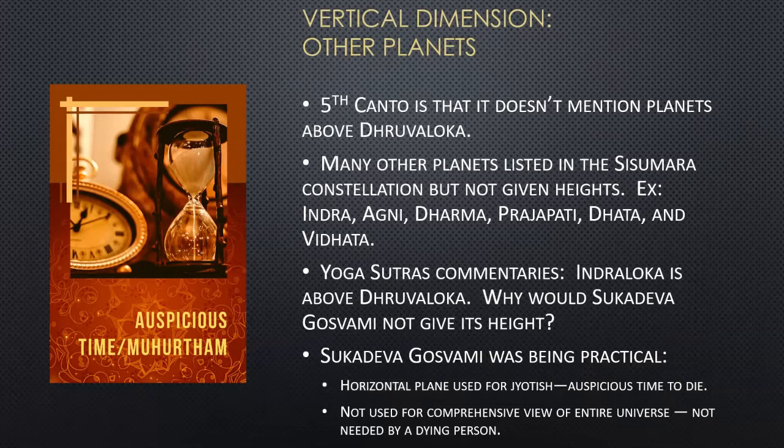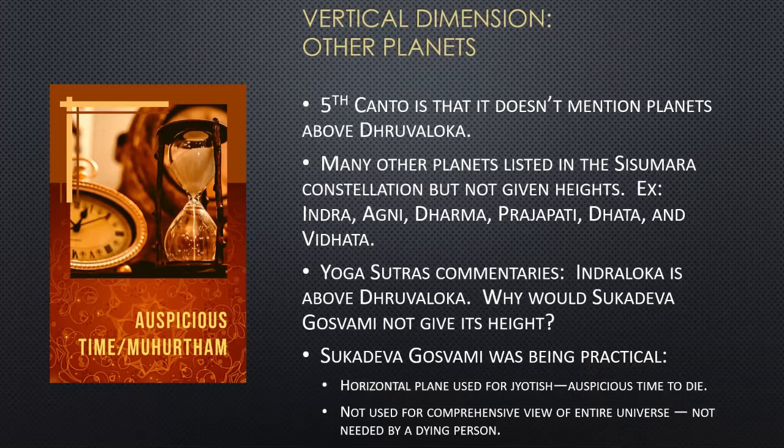Indra is the demigod of rain, and he's also the ruler of all the demigods. So why isn't he given predominance?